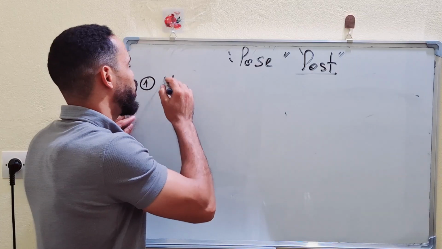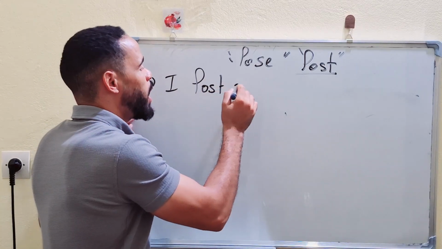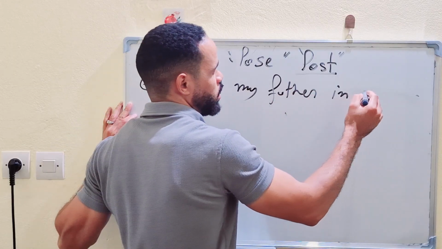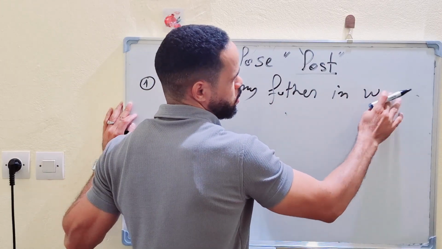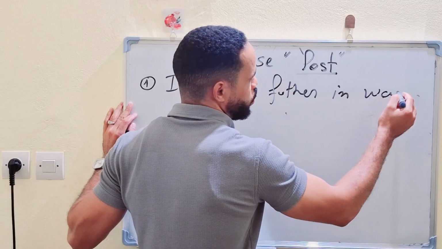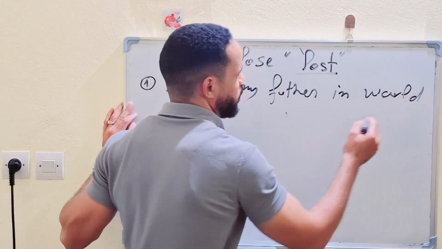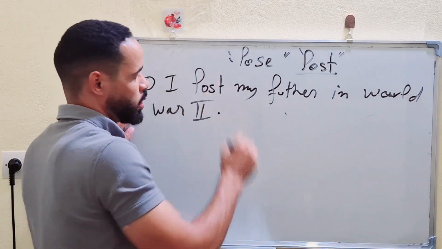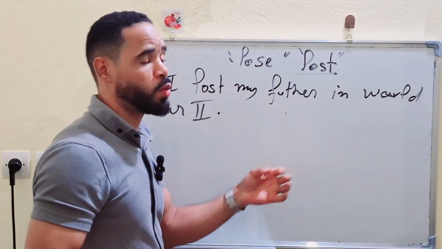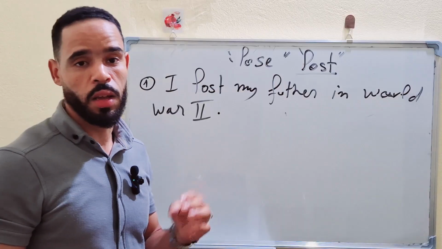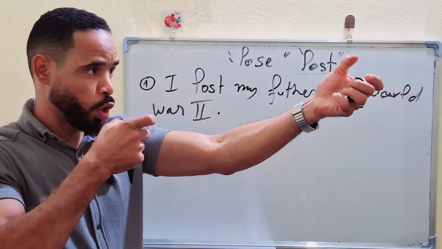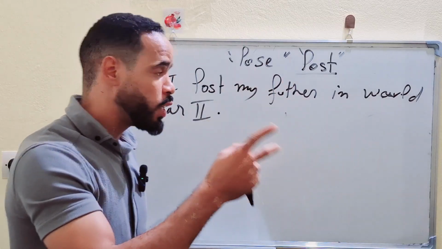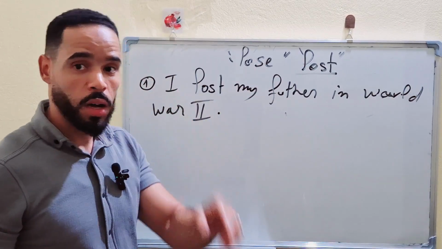For example, you can say, I lost my father in, for example, World War II, or the second. Okay, I lost my father, which means my father was killed. My father was shot by the enemy, by the opponent in the war.